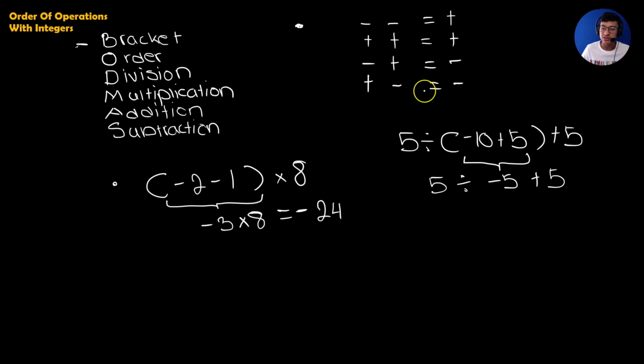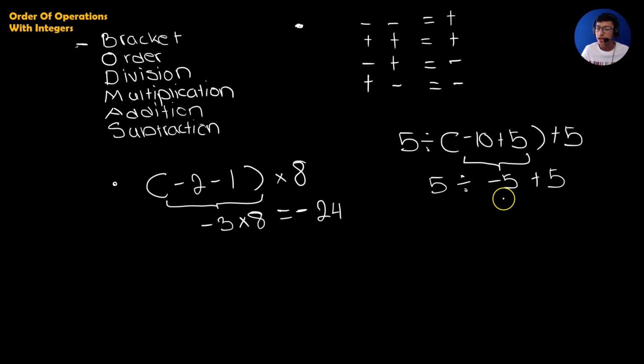Next, there's no order, but there is division, so we do 5 divided by -5. Here is where our next key note comes in. We check the signs: here we have a positive, and here we have a negative. A positive and a negative equals a negative.